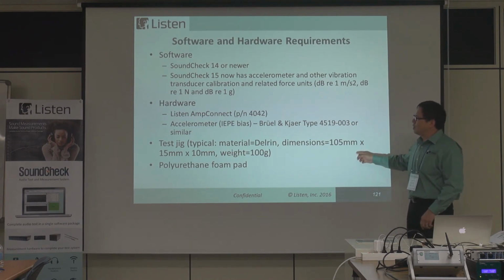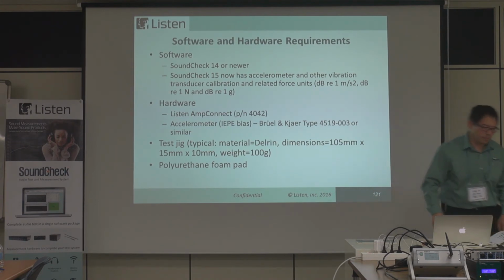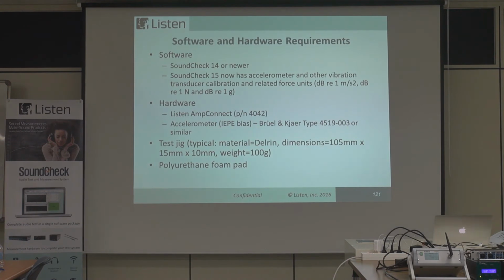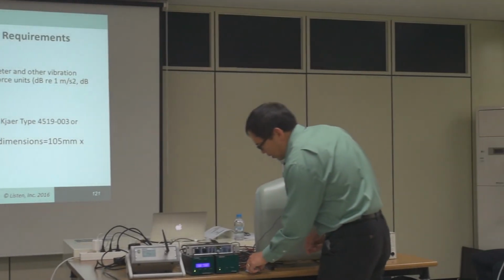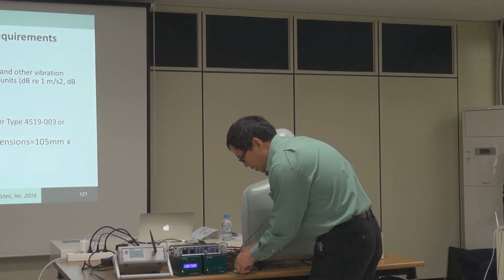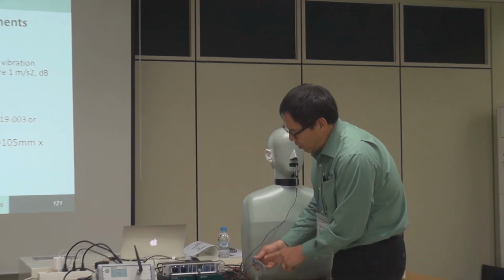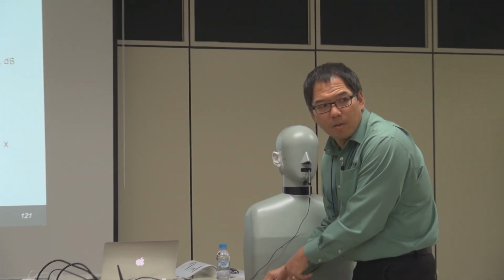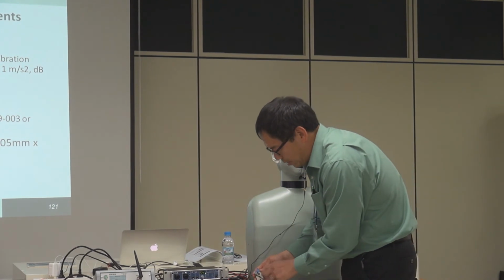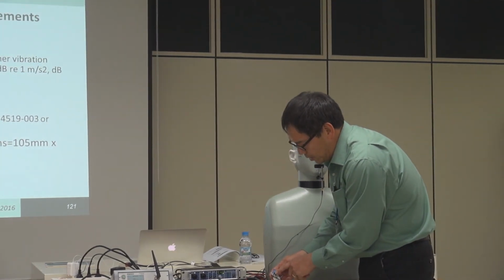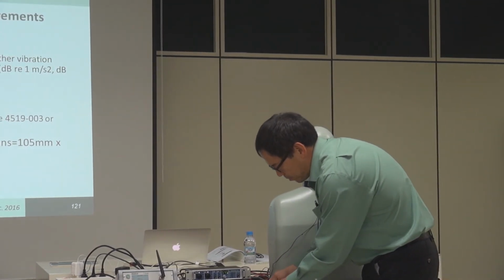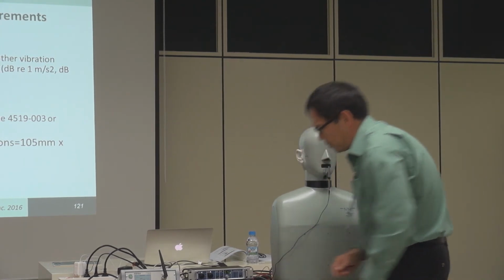And the test jig, you can see it here. Right now I don't have a Delrin one, but I have a little aluminum block that I'm using, and I have a linear motor next to an accelerometer on the same block.